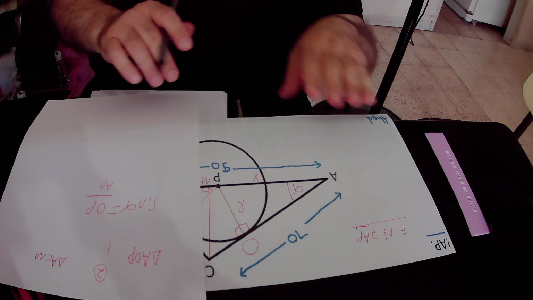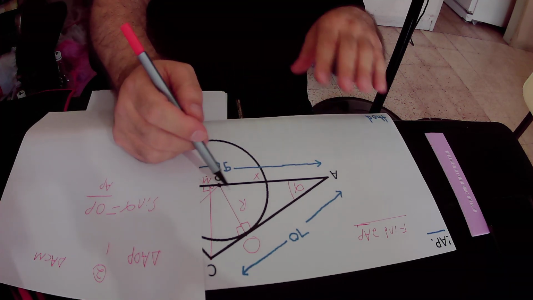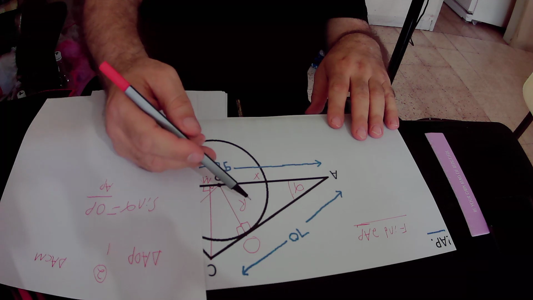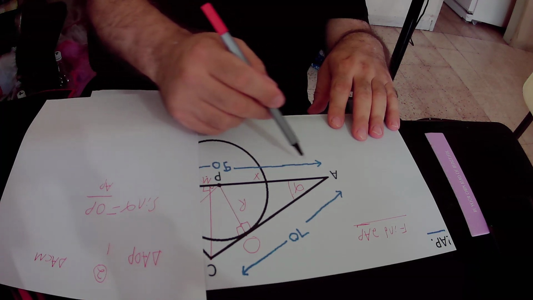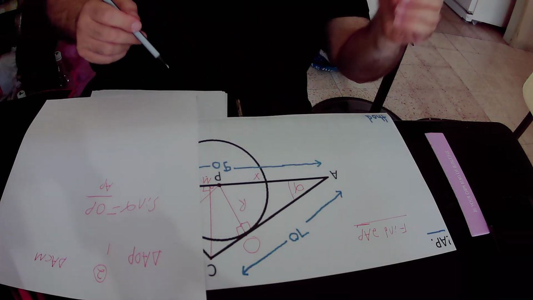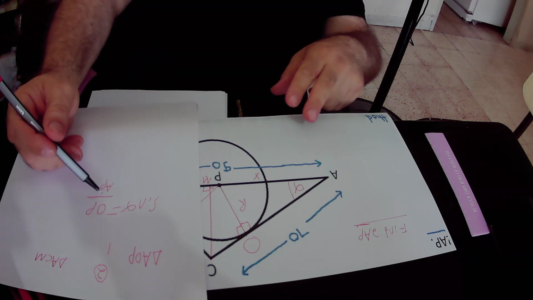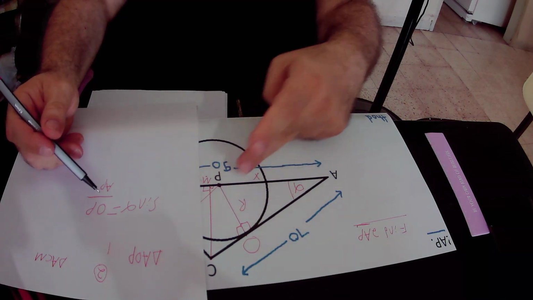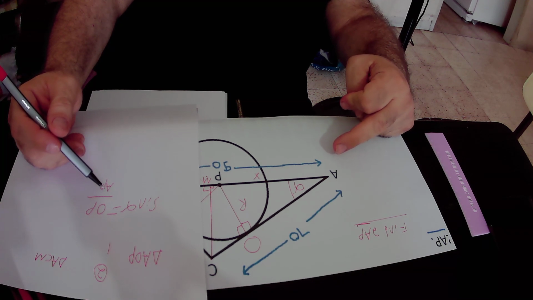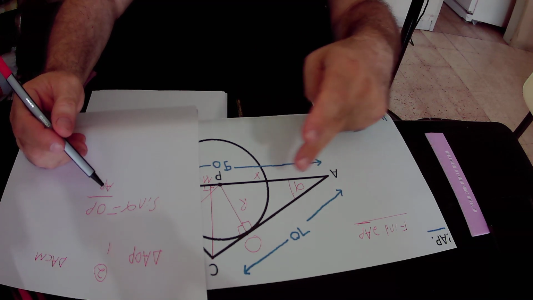Because side AO and side OP of the triangle AOP are perpendicular to each other, side AP is the hypotenuse of the right triangle AOP. So sine alpha equals OP divided by AP, that is the hypotenuse of the right triangle AOP.